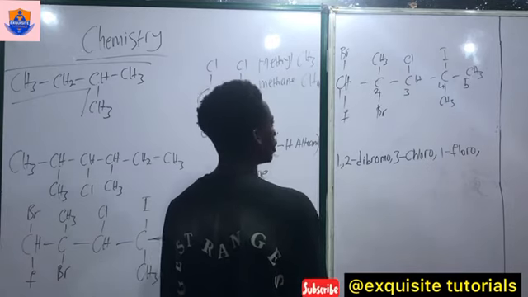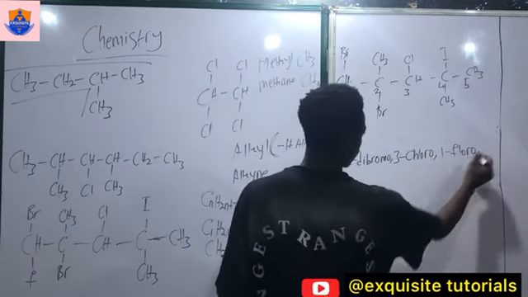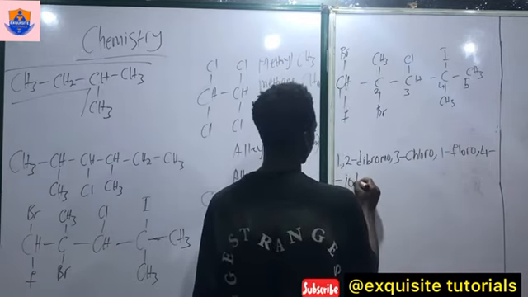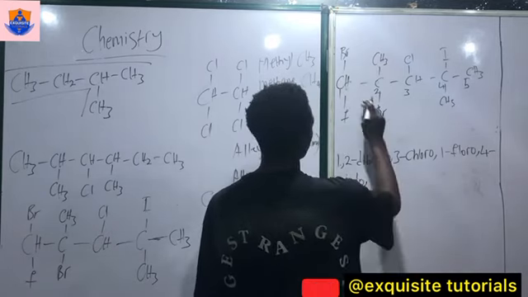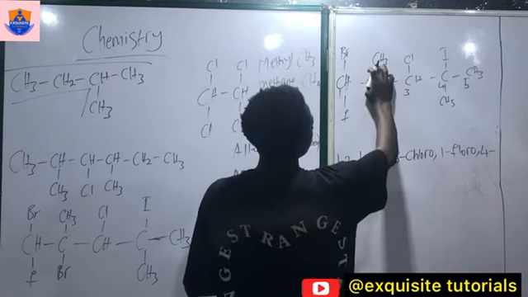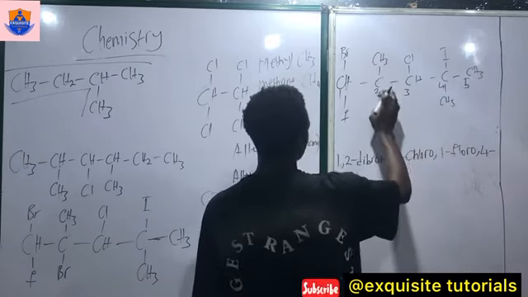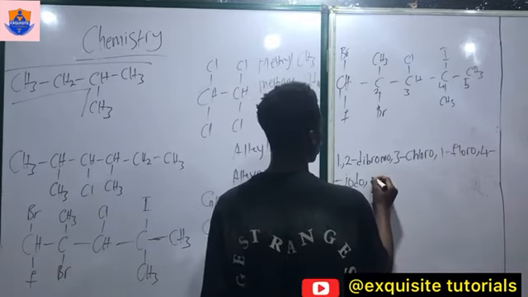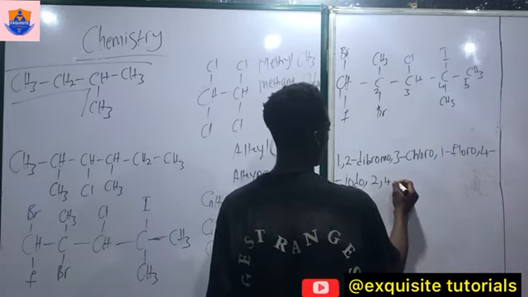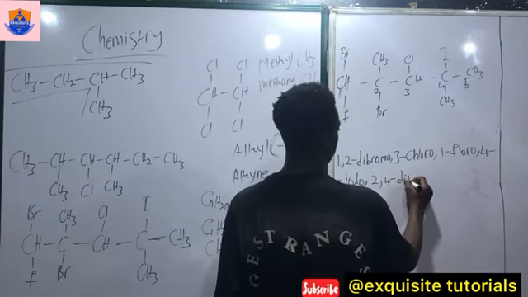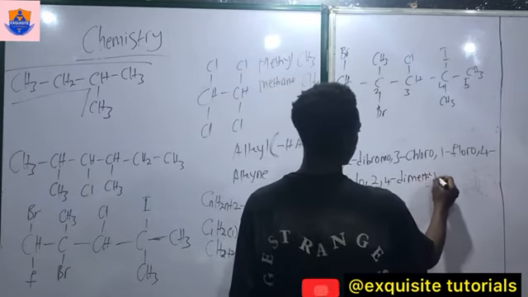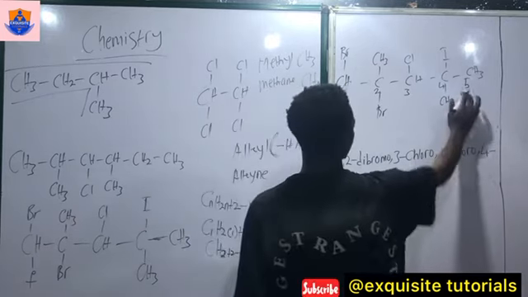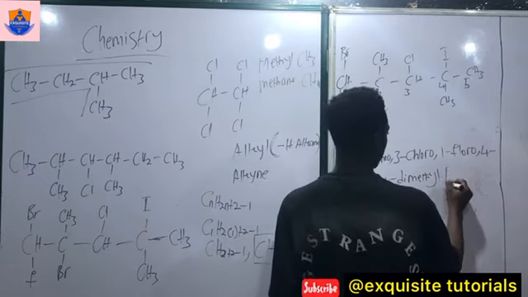It should be I. So we have comma 4 iodo, then we have methyl 1, then 2, and this methyl has carbon 2, this methyl has carbon 4, so it should be 2 4 dimethyl. How many carbon we have at the long chain? 5, so it should be pentane.